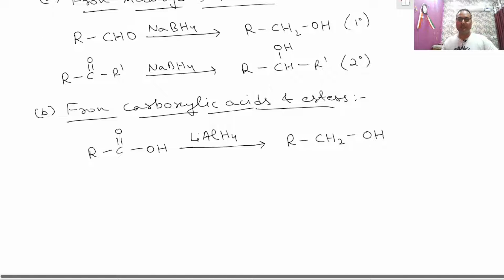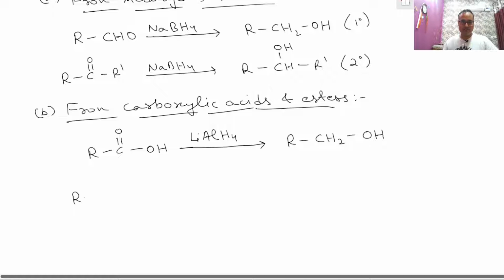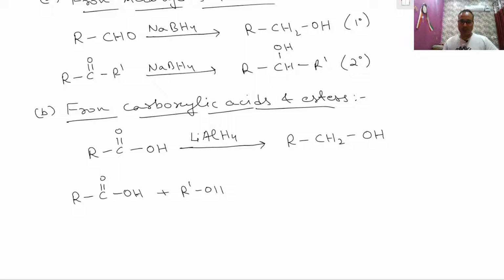This lithium aluminum hydride is quite expensive. So in order to make this process a little cheaper, we can first convert this carboxylic acid into an ester by reacting it with an alcohol. So in acidic conditions, if we first treat this carboxylic acid with an alcohol, this leads to the formation of RCOOR', this is an ester, with an elimination of water.